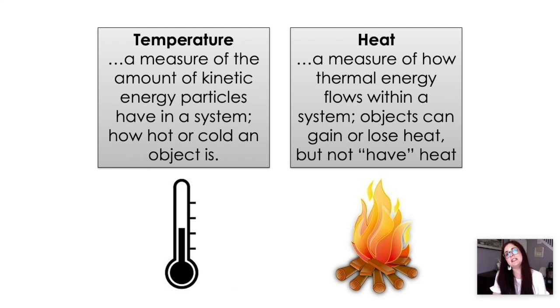So that heat is a transfer of energy from that hotter system with the higher kinetic energy to a system of lower kinetic energy. That's what heat is. It's the transfer of energy from one to another, whereas temperature is a measure of kinetic energy. So we measure the temperature of something, and we can also measure heat transfer, rather, how much heat is being transferred from one object to another.